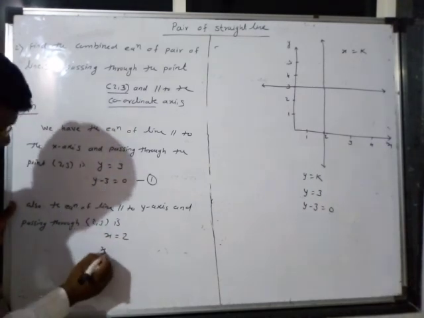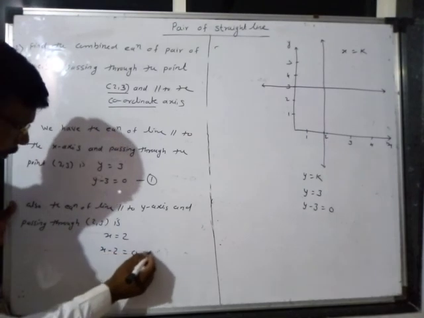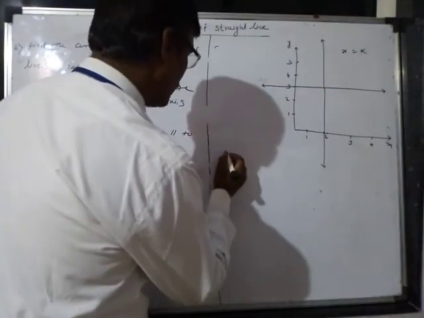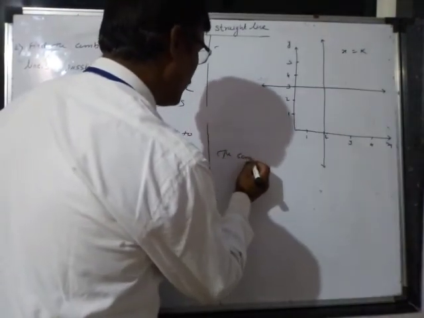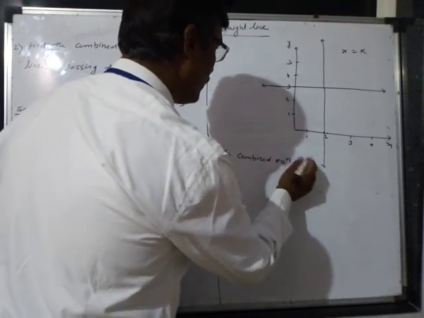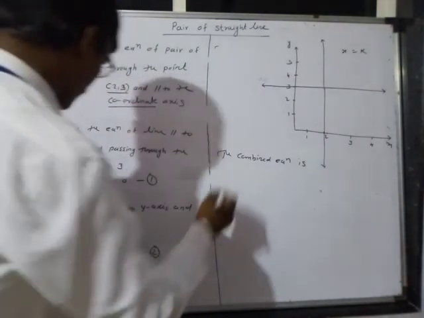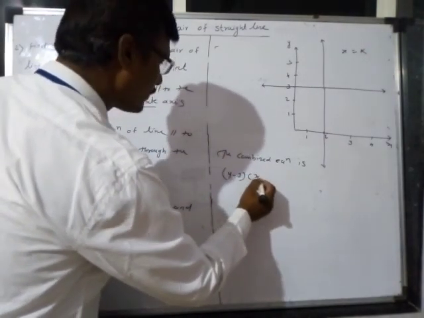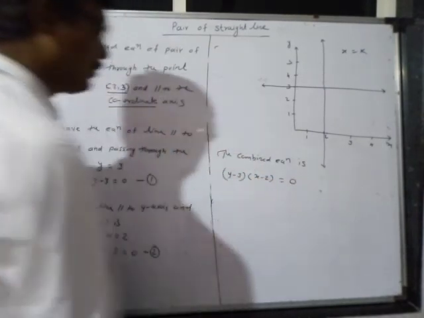This implies that x minus 2 is equal to 0. This is equation number 2. Now the combined equation of the lines is that is y minus 3 into x minus 2 and this is equal to 0.